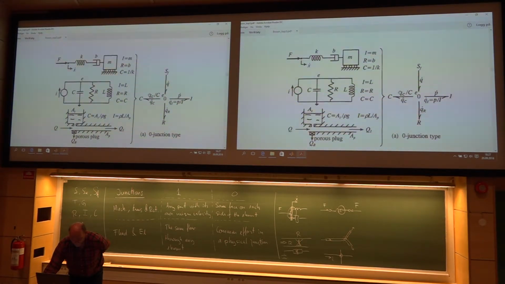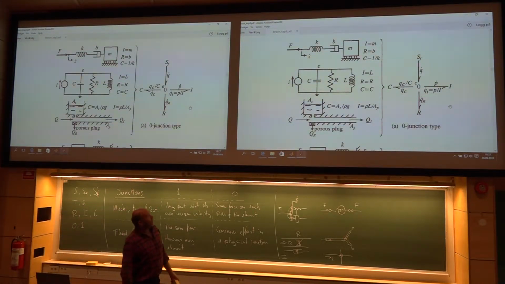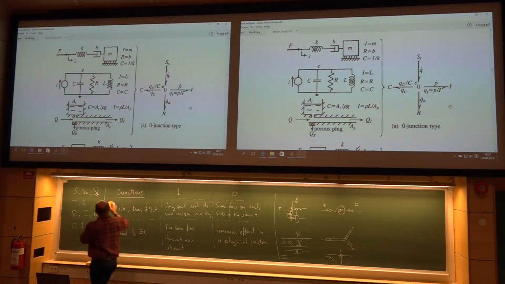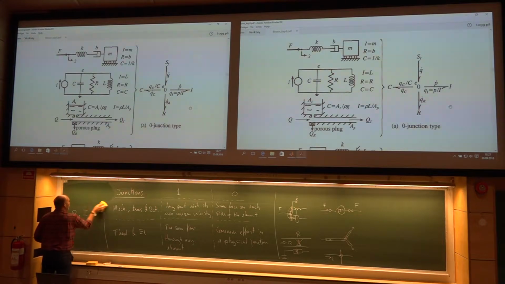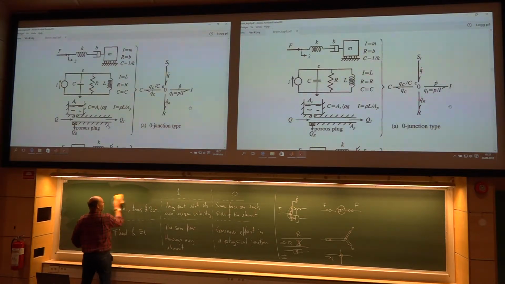Here we are, zero junction type. So you see, well, we can have a look at it actually. Start with the top. That's a mechanical problem. Force acting on the spring, acting on the damper, acting on the mass. So how to describe that one?